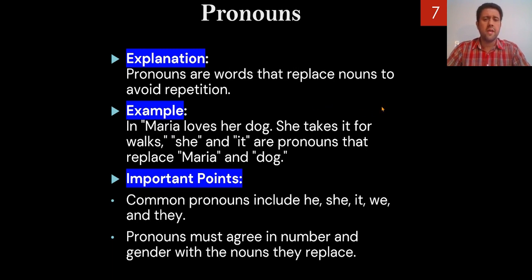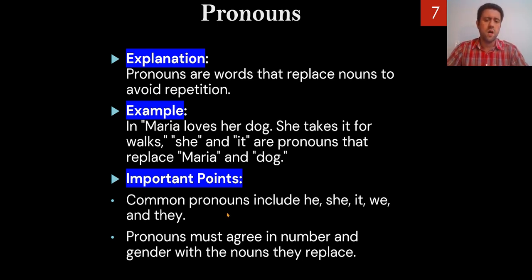The next one is pronouns. Pronouns are words that replace nouns to avoid repetition. As an example, in the sentence "Maria loves her dog, she takes it for a walk," she and it are pronouns that replace Maria and dog in order to avoid the repetition.